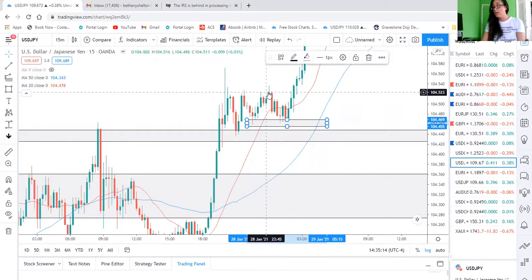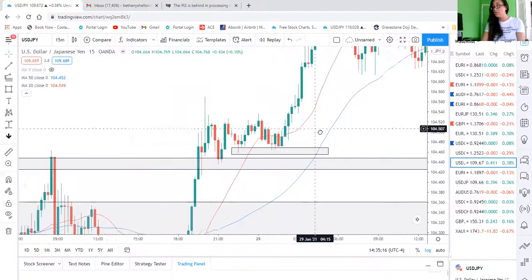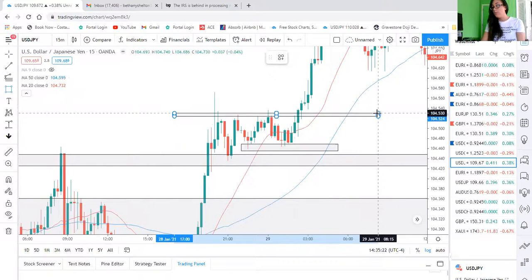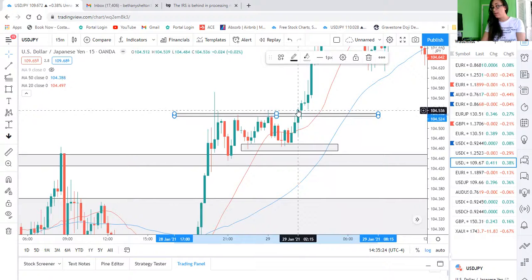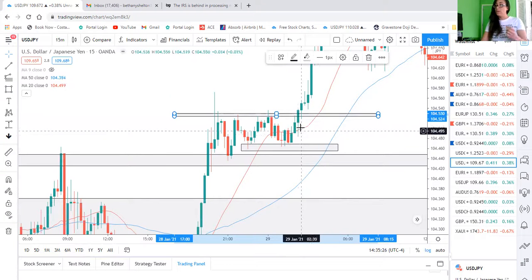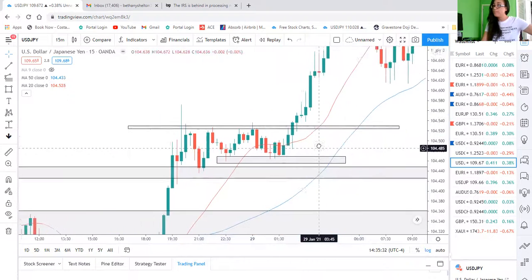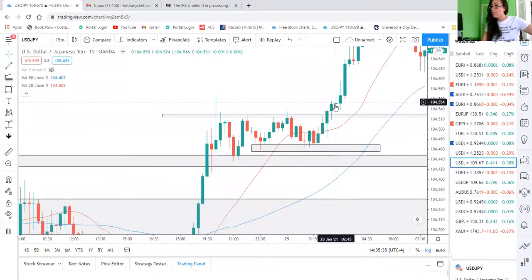Okay, so it went up, came back down. You could have entered off of this double bottom after price broke through this top level. I would have bought after this candle right here, because you get pin bars off of the moving average like this and the momentum is there.